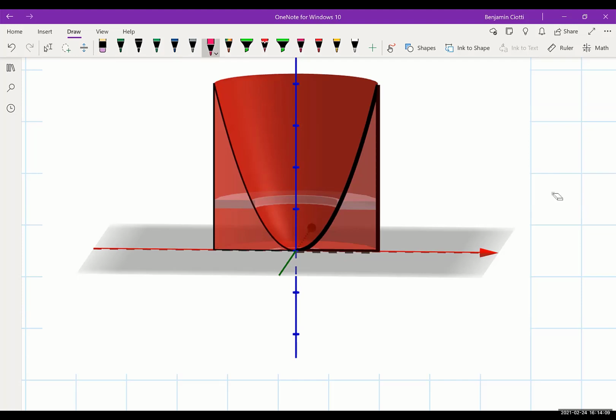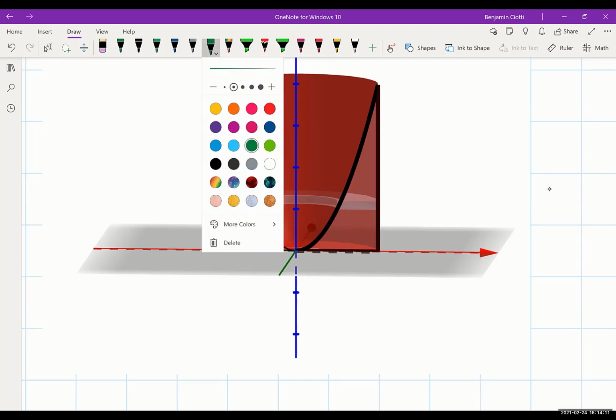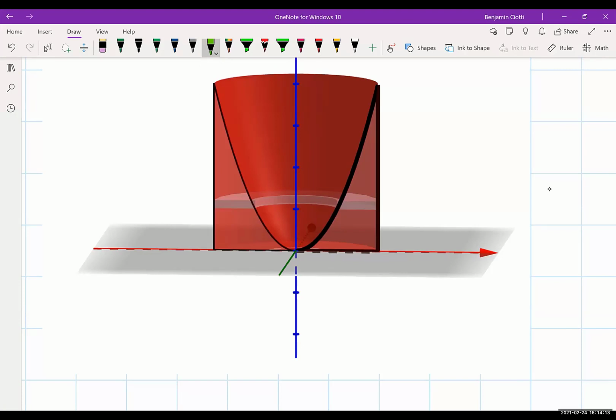So if I pick an arbitrary point on the y-axis, let's just call it y, I need to find the cross-sectional area, which means I need the inner radius. And I'm also going to need the outer radius in a second. But let's focus on the inner radius first.